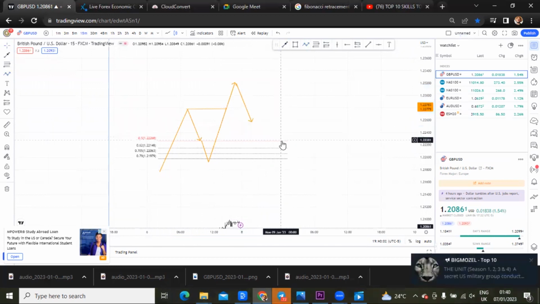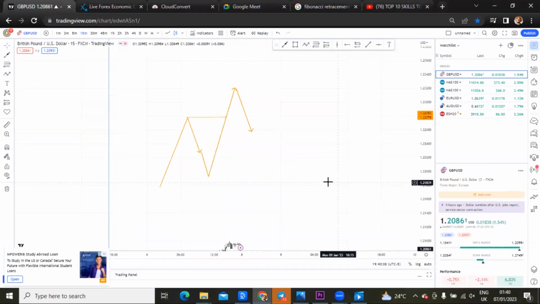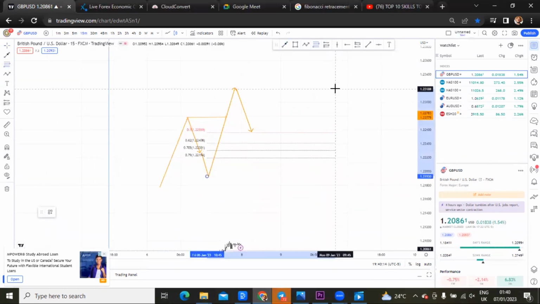So I'm going to erase this, and I'm going to draw it again from here to the top. A new drawing, because it's a new swing.